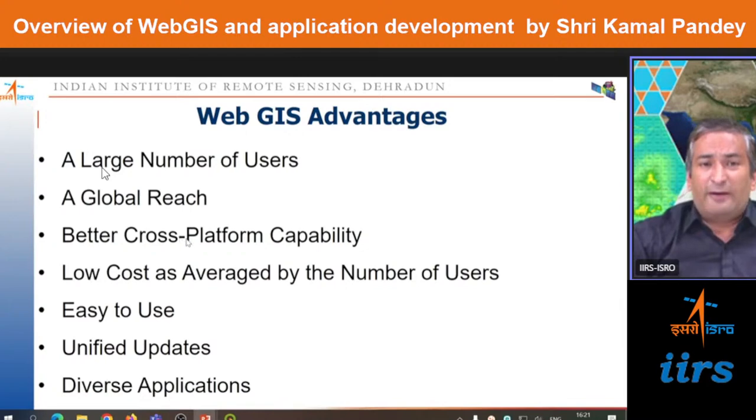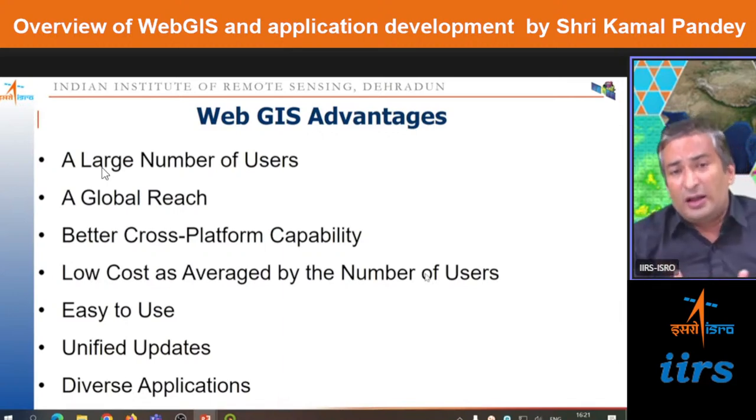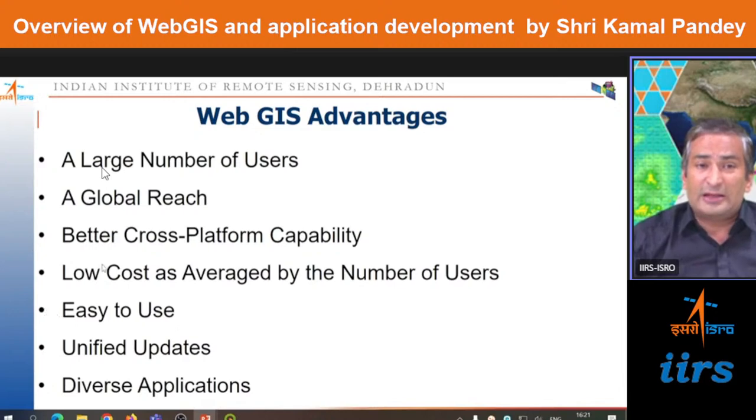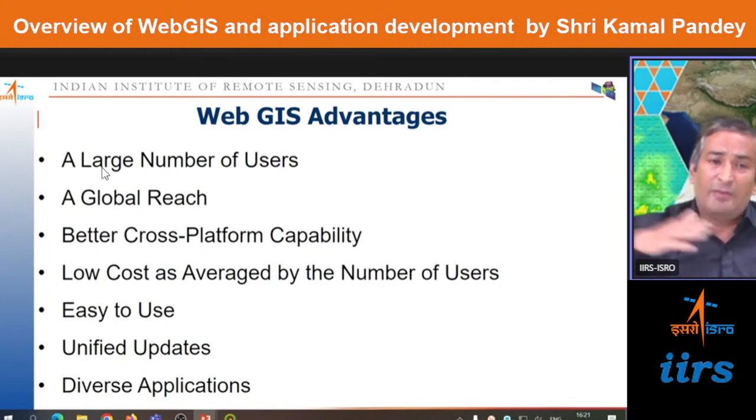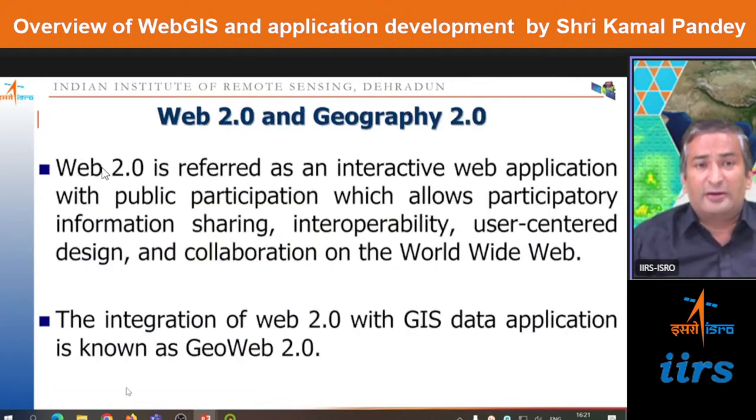So cross-platform compatibility is there. Low cost as averaged by the number of users. The number of users accessing through that WebGIS, the cost is very less as compared to that. Easy to use, unified updates. Whatever updates you make at the server side, the same updates are visible to all the users at the same time. Applications are also very diverse here.